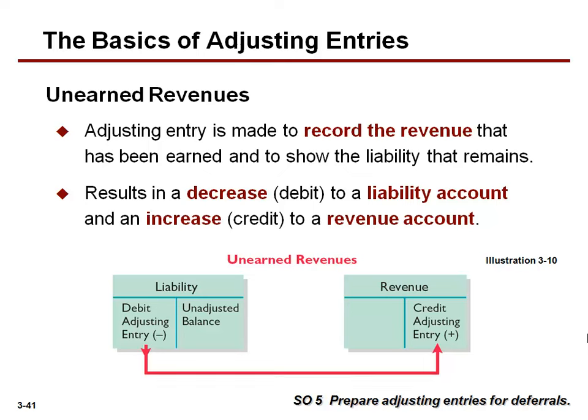The objective is to record that revenue that's earned and reduce the liability that we previously booked. So it results in a decrease to a liability account, which would be a debit entry, and an increase to a regular earned revenue account, or a credit entry. So unearned revenues on the left, the liability position is reduced through a debit, and earned revenue on the right is increased with a credit.